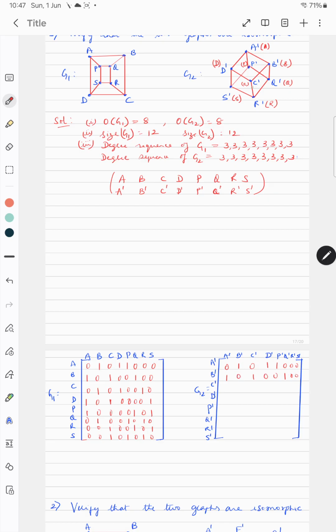C dash is adjacent to B dash, D dash, R dash. Similarly, if you write for all the other vertices, you will get the same matrix like this.